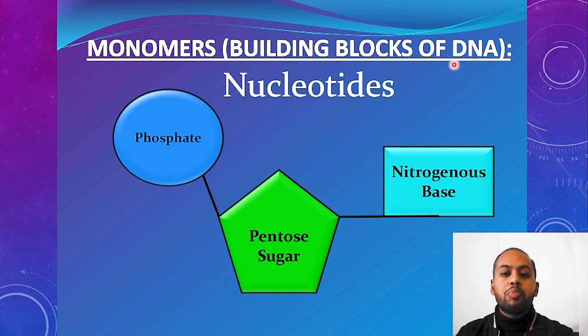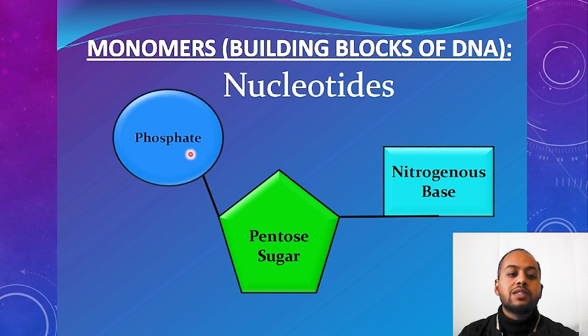These are general building blocks which the DNA molecule needs in order to actually perform its function. So monomers or building blocks of DNA are referred to as nucleotides, and without these nucleotides, the DNA strand will not be able to be that double-stranded molecule that we are going to have.